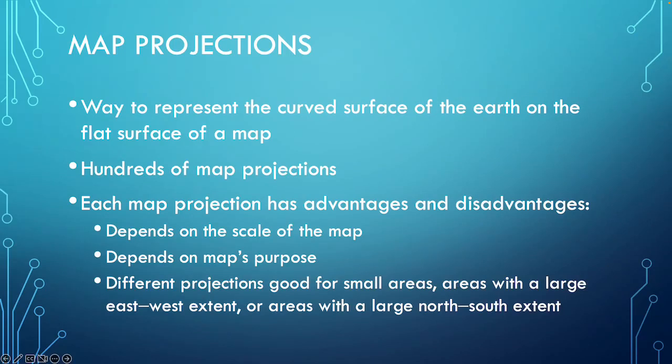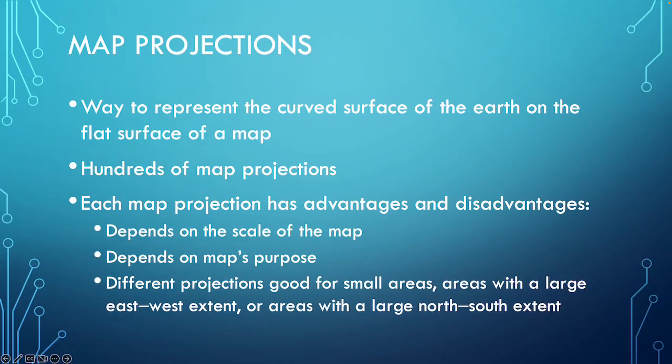The Earth is a sphere. It's closer to a globe than it is to a map. And in order to get that into something we can see, we're going to have to use some math to essentially stretch, compress, and change the surface of the Earth to 2 dimensions.